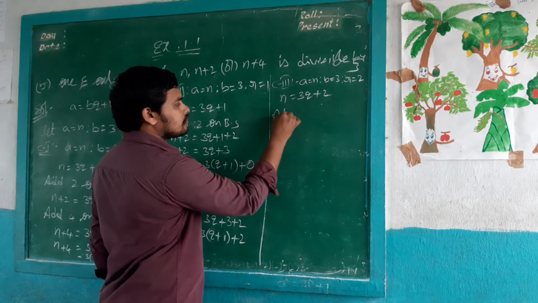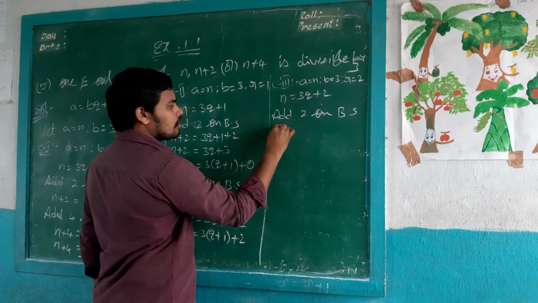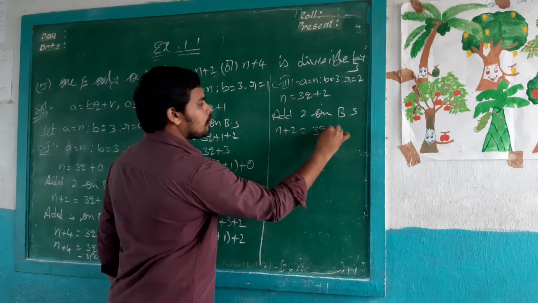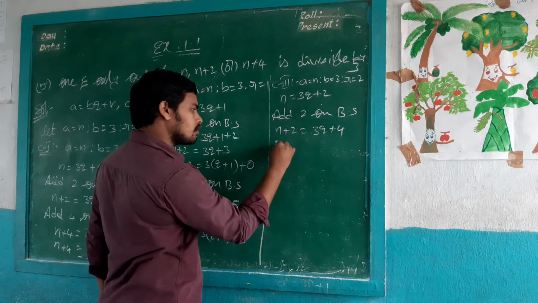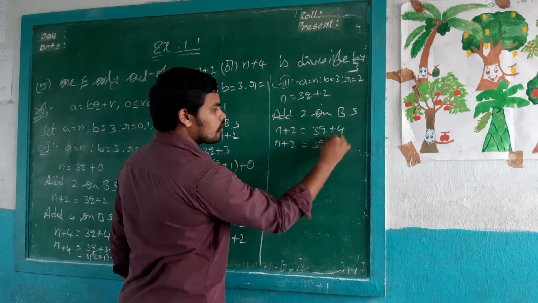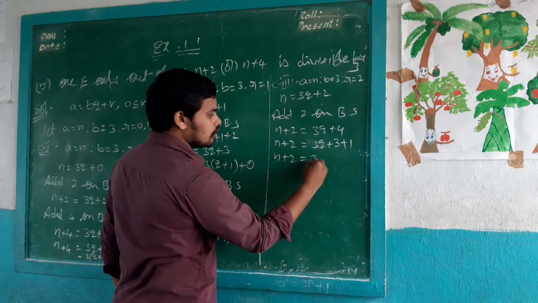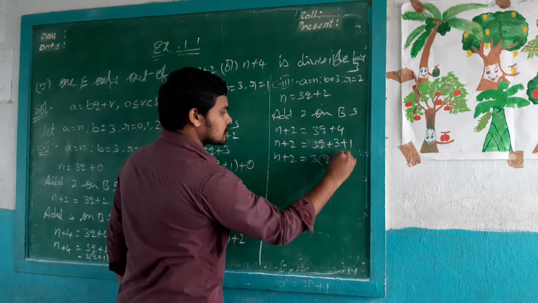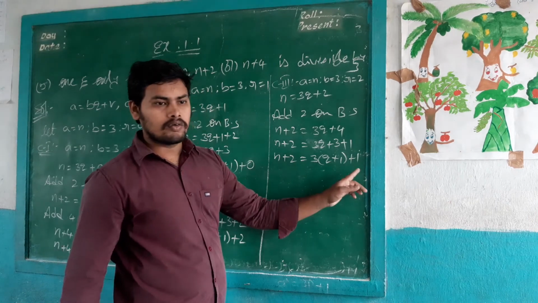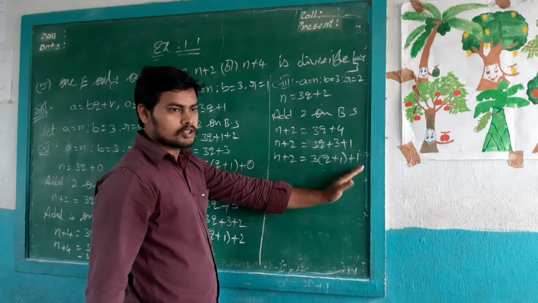Next we add 2 on both sides. So n plus 2 equals 3q plus 4. Again 3q plus 4 can be written as 3 plus 1, so n plus 2 equals 3 times q plus 1, plus 1. Here the remainder is 1, so it is not divisible by 3.